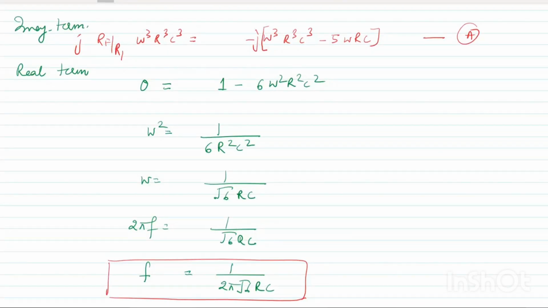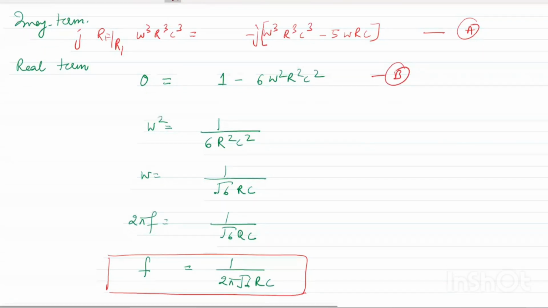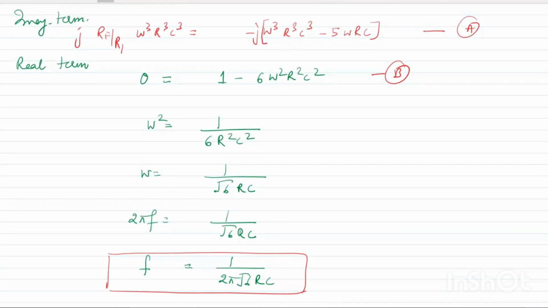Yes, what else we want is the gain. So now from here we can use A. So this is your B. Now from A, हमको omega square C square R square क्या मिल गया यहाँ से? You can say that omega square R square C square is equals to 1 by 6, right? यहाँ से मिला.